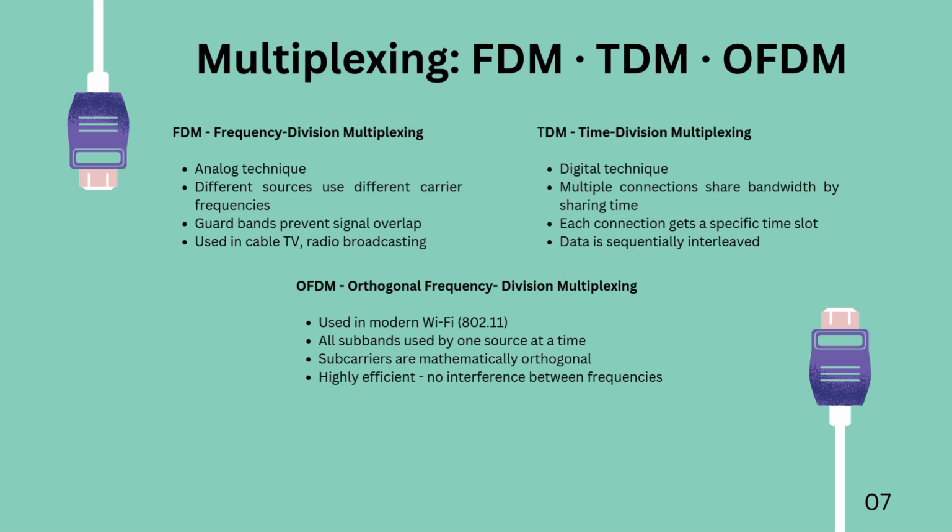In orthogonal multiplexing, the channel is divided into many small subcarriers. This method is highly efficient and used in modern Wi-Fi. And also, multiplexing improves bandwidth utilization as well.